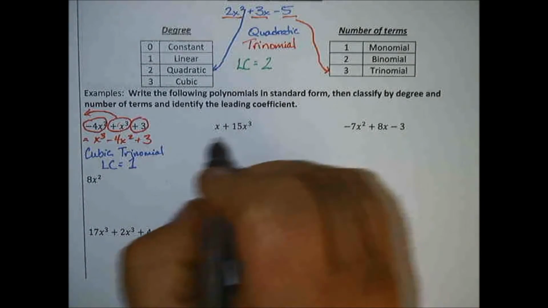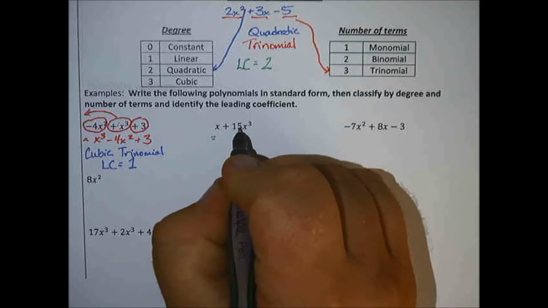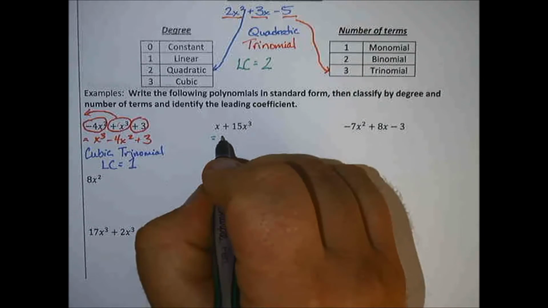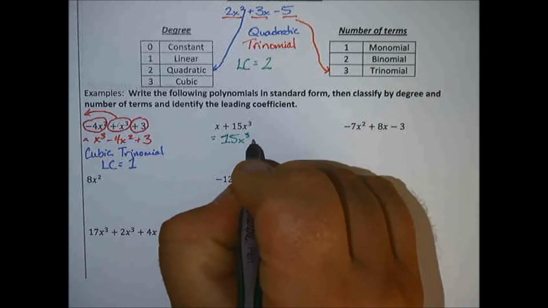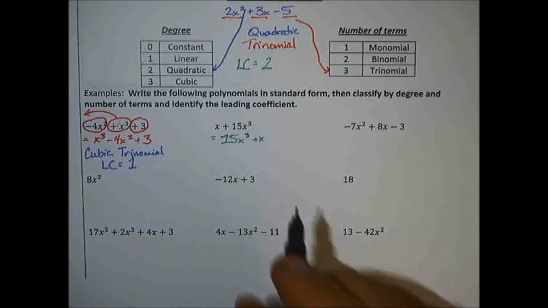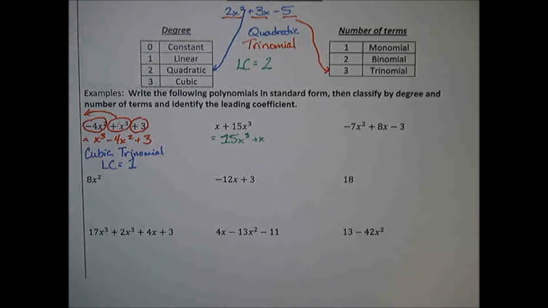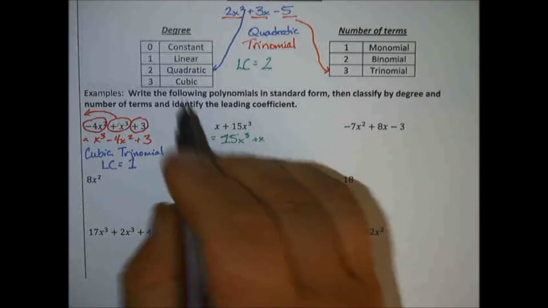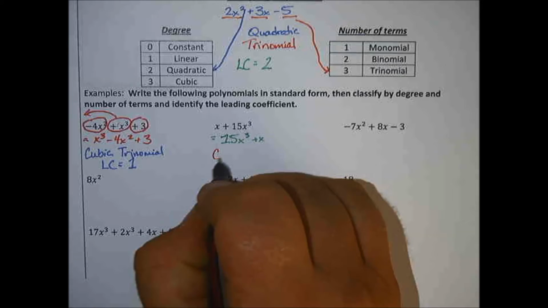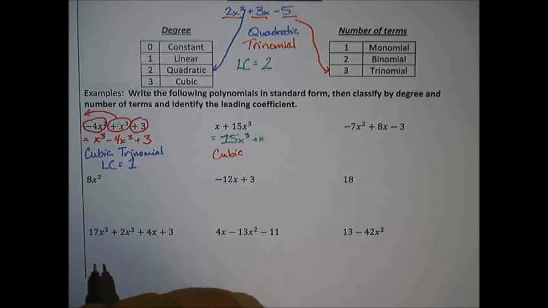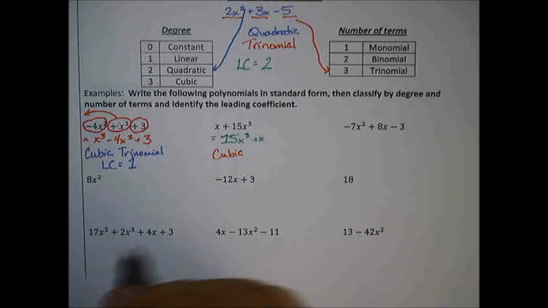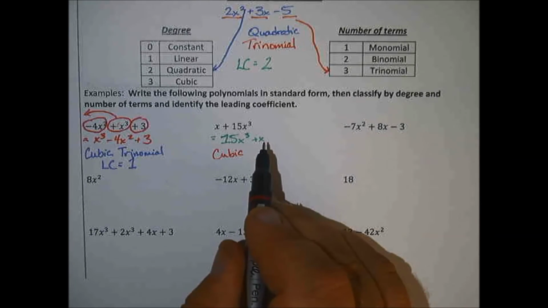So here, to rewrite this one, we're going to say that the 15x cubed should go in front. So we have 15x cubed plus x. Now the degree is 3, and degree 3 means cubic. I think there's a lot of cubics on here. No, not really. So it's cubic. Number of terms, there's 2: 1, 2.